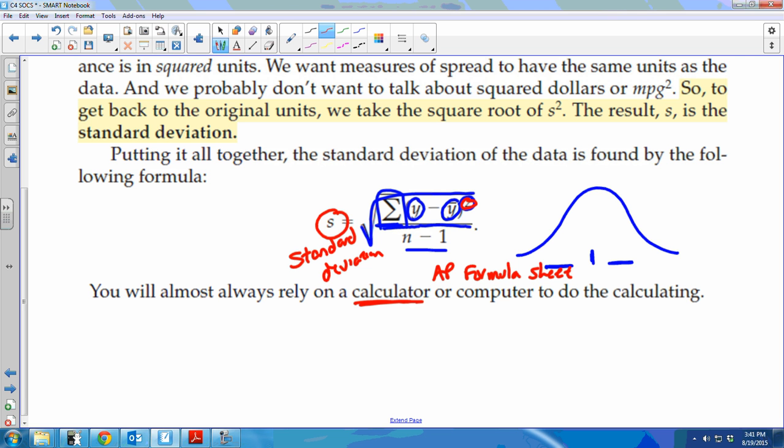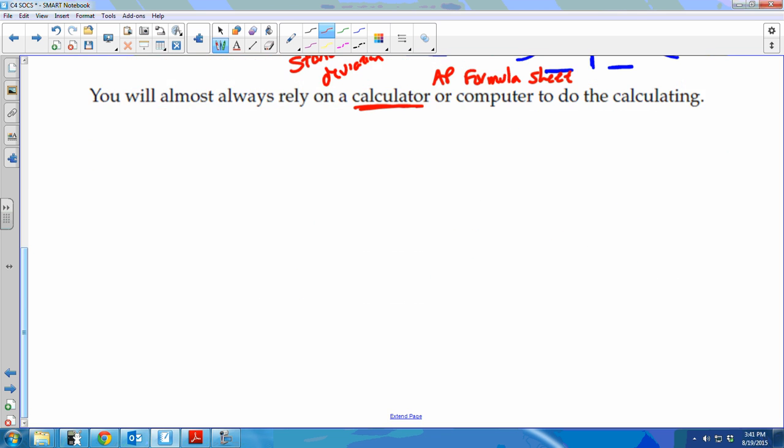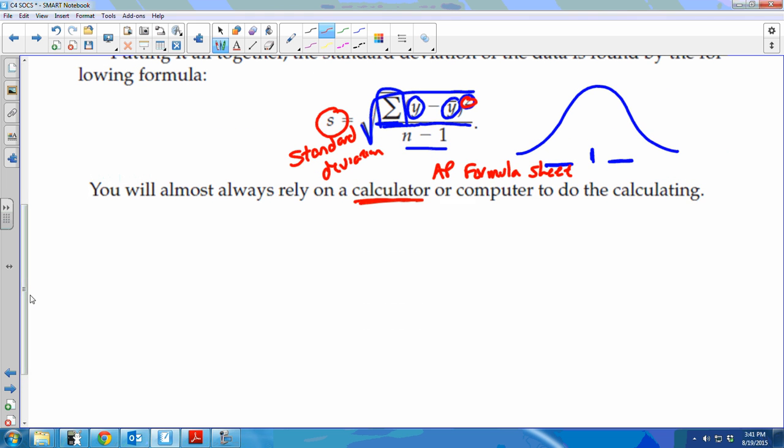So here are some things to help you with standard deviation. If you're looking at a data set, you want to look at the mean. You want to see how far everything is away from the mean, so it's always based on the mean. And if you're looking at a picture, a histogram or a stem plot, this should help with some of the homework problems.